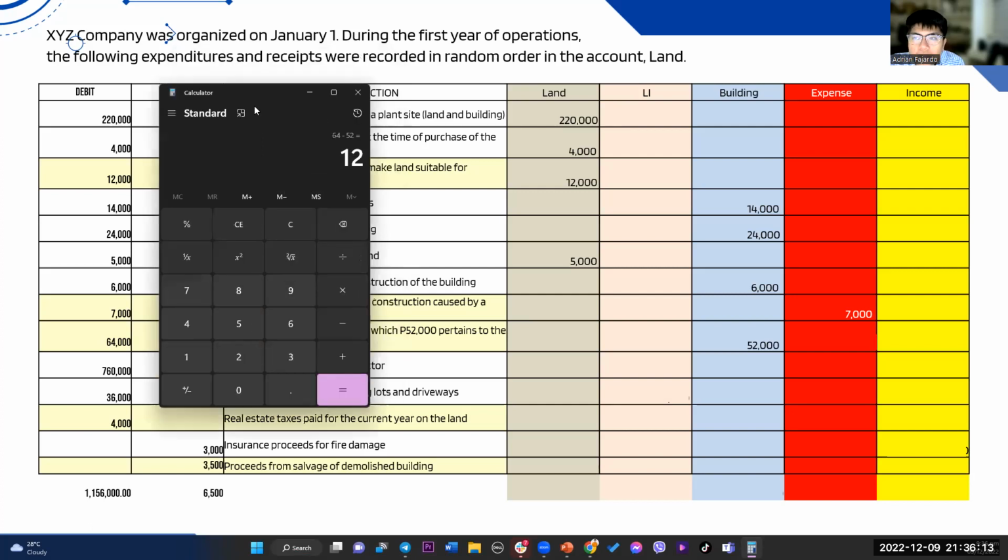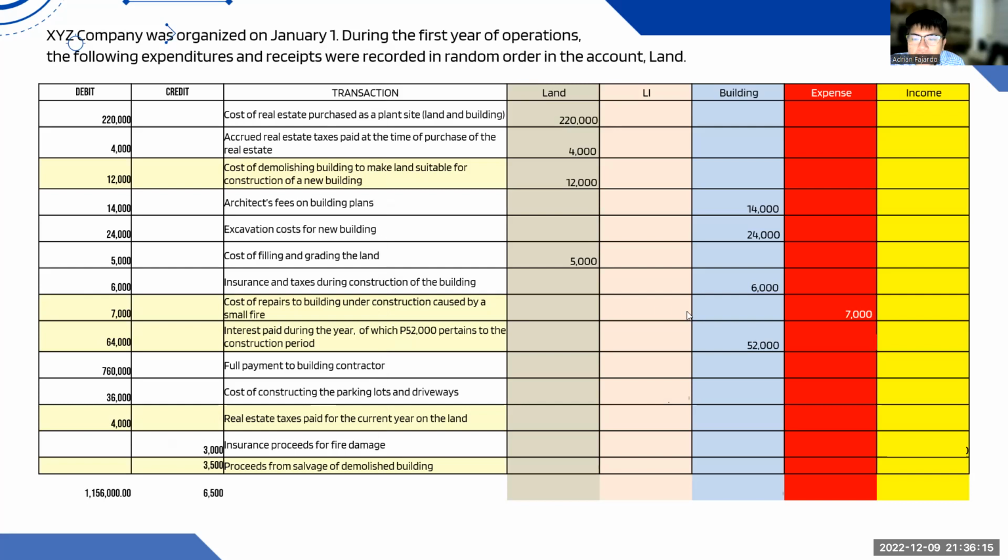So you have 12,000 left. The remaining interest paid should be an expense, right? So the 64,000, you break it down. The one related to borrowing cost is capitalized to building, 52,000 building, 12,000 expense, right?